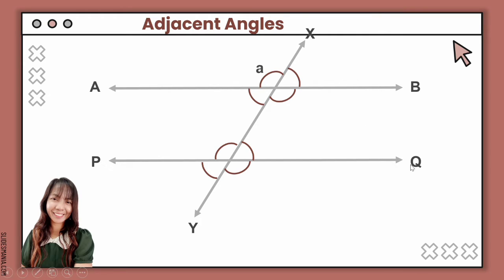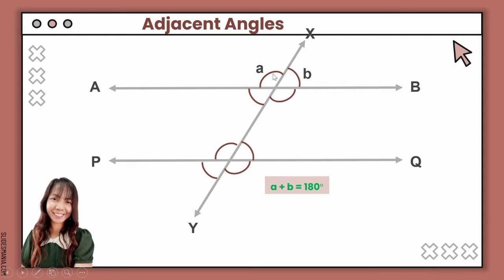So example of adjacent angles, it's angle A, angle B. So angle A plus angle B is equal to 180 degrees. So this is the example of adjacent angles.